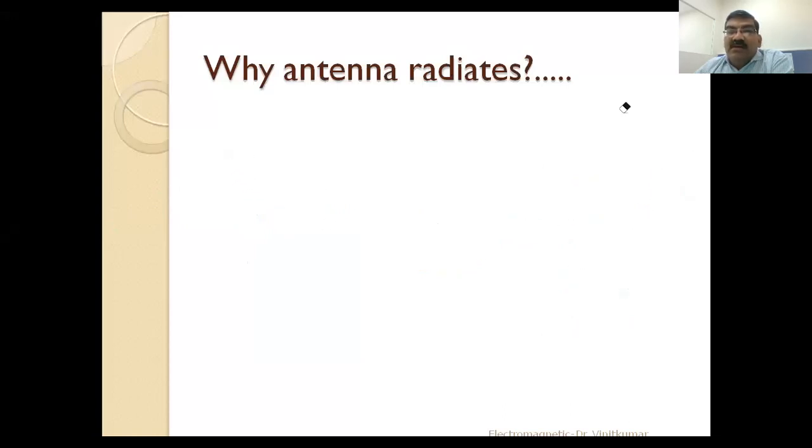Now, the basics of how an antenna radiates, we have just discussed, is due to acceleration and deceleration. But can you correlate it with Maxwell's equations?